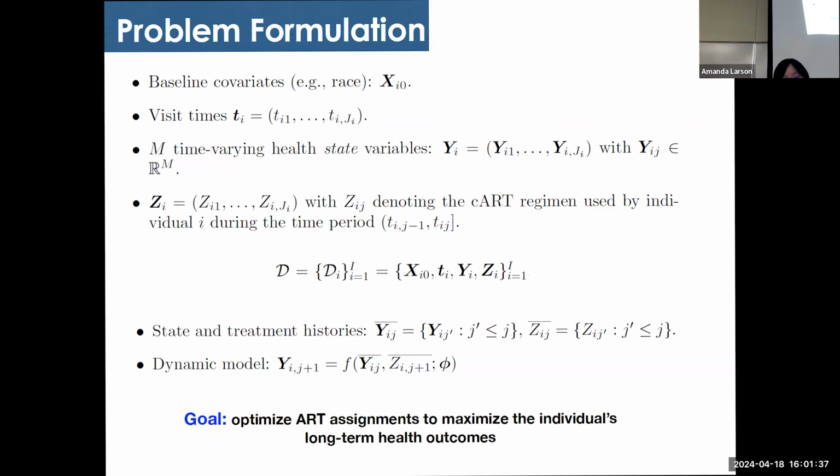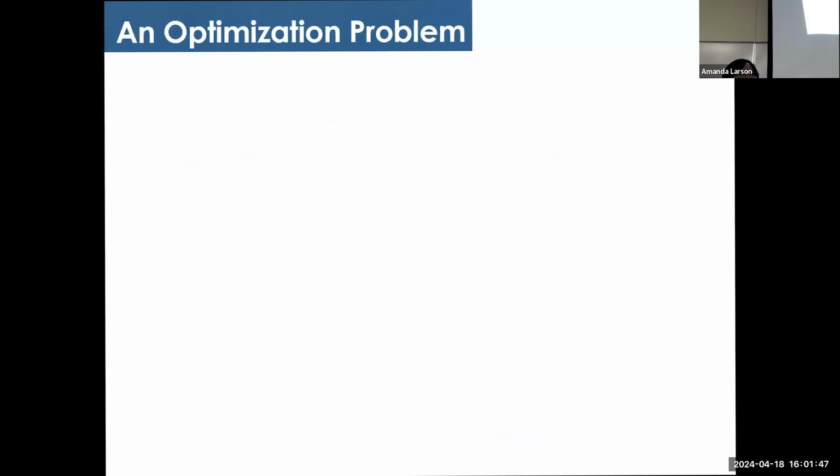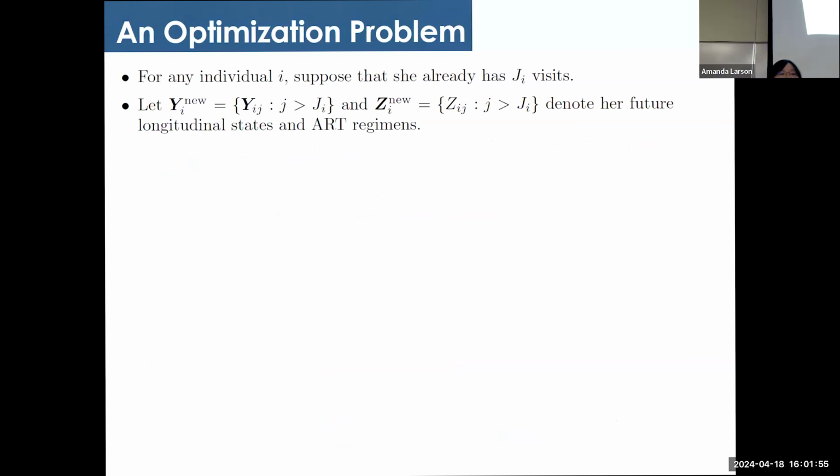Our goal is to optimize ART assignments to maximize individuals' long-term health outcomes. Because we want to optimize the ART assignments, it's an optimization problem. For any individual i who already has J_i visits, we use Y_i^new and Z_i^new to denote the future longitudinal states and ART regimens.